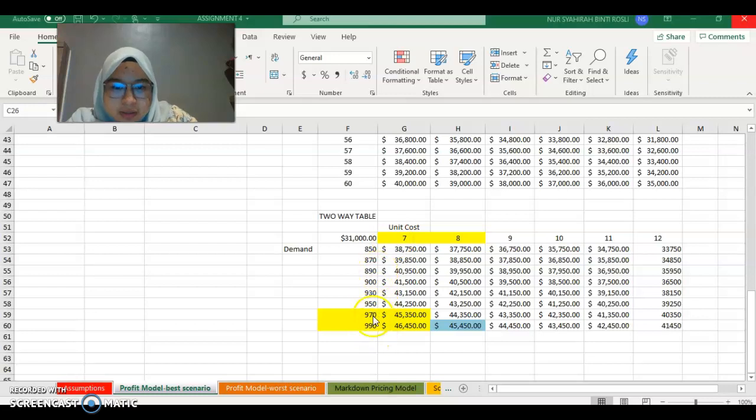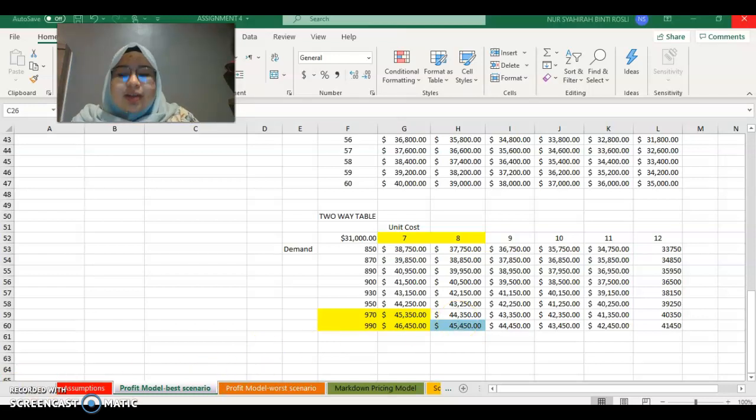For the demand, the demand is 990, and the unit cost is at 8 ringgit, and the price is 45,450. It is the best way.